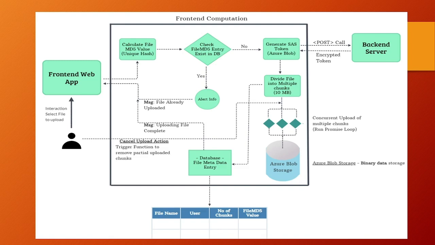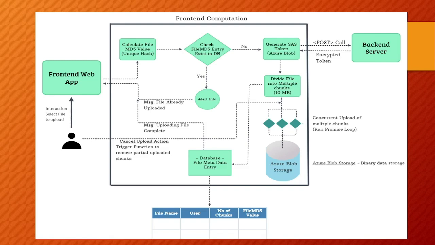In this way, Azure Blob Storage gets the binary data, and once all the data is uploaded in the form of chunks, we make the metadata entry to our database. The database table can look like this, where we have the number of chunks for a file, an MD5 value, and the user who uploaded that file.